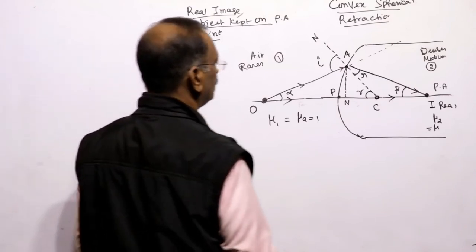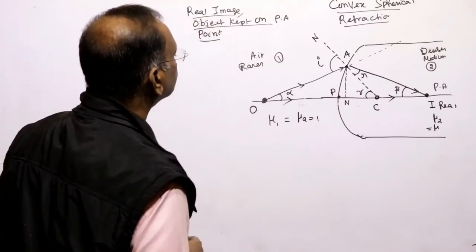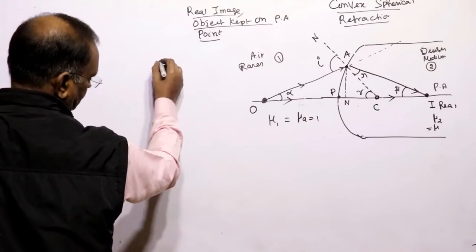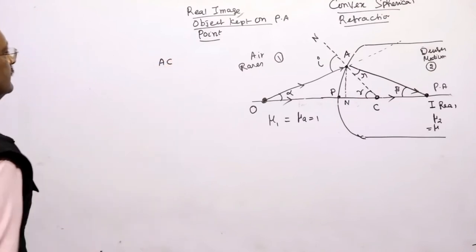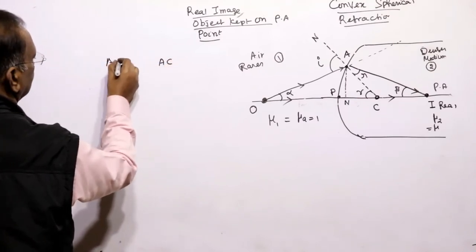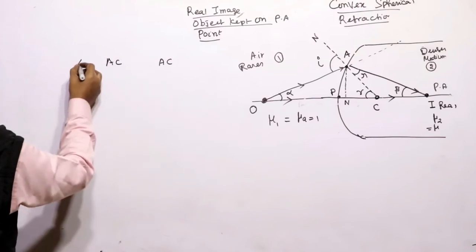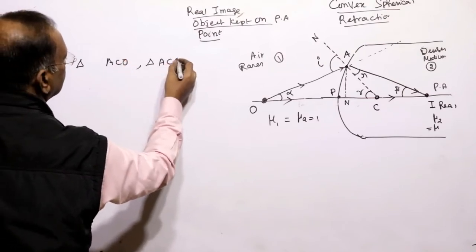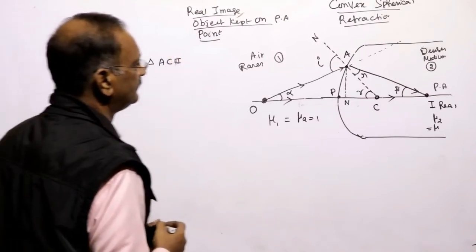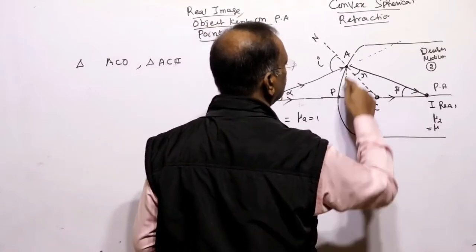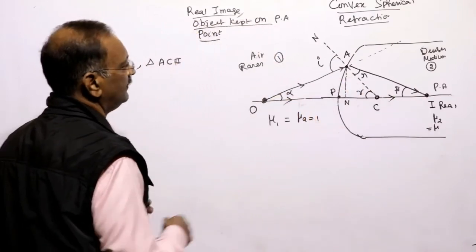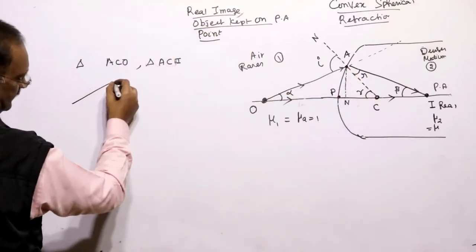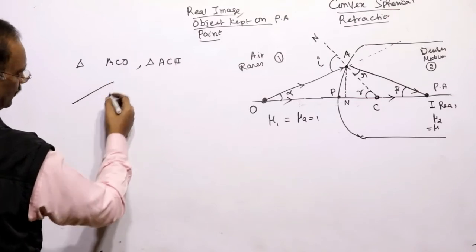Now we want to find out alpha. How to find alpha? We have here two triangles: triangle ACO, with the object, and triangle ACI, with the image. The first triangle is ACO.